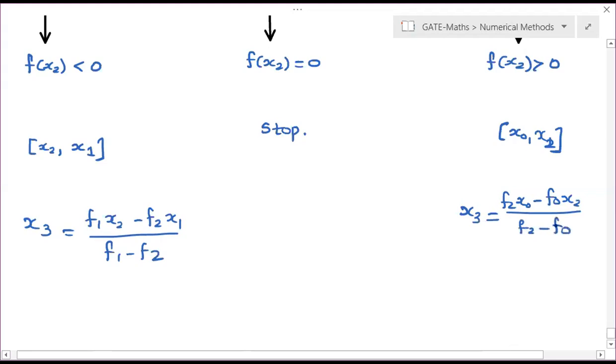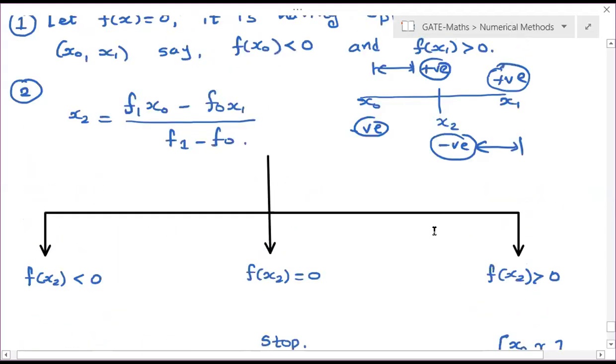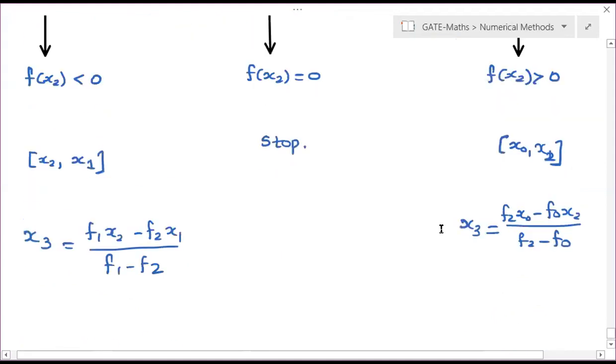Now let me give you a shortcut to remember this formula. Is it clear now?